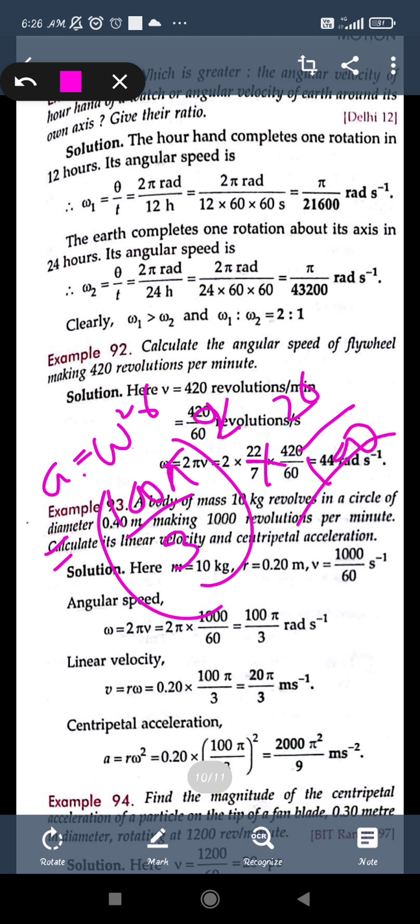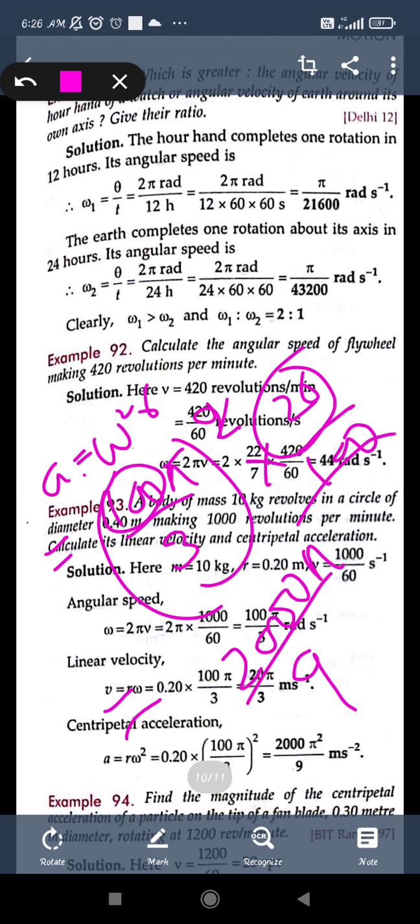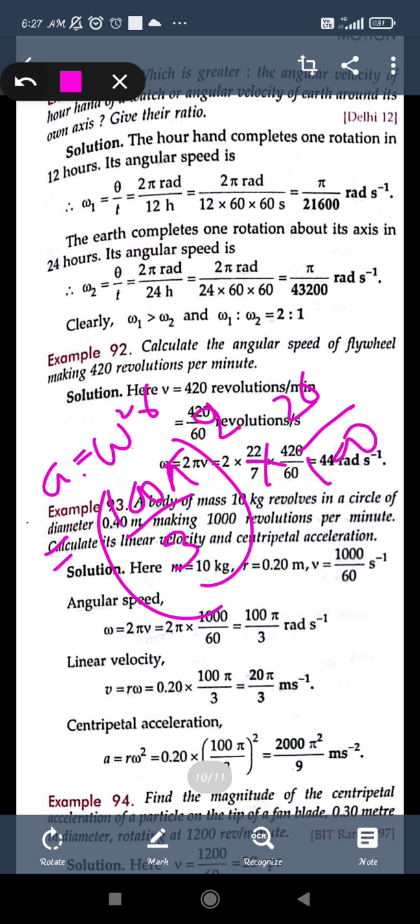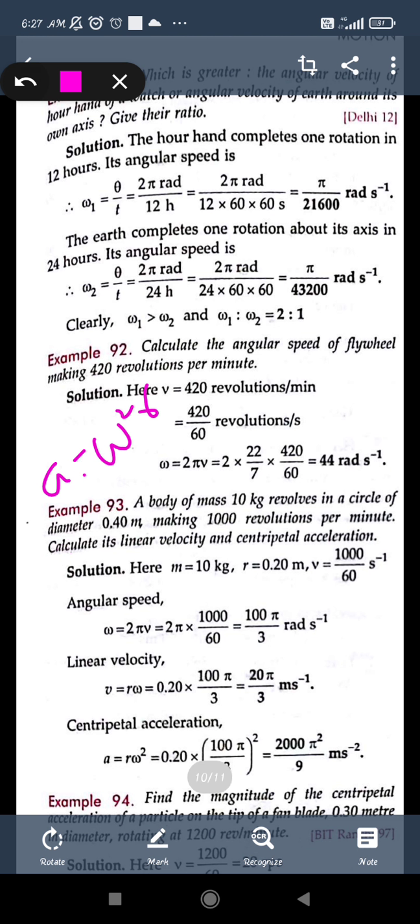So 100 and 100 will be cancelled, so it is given as 20 into 100, that is 2000, upon 3 square, which is 9, and pi square remains pi square. So the value of centripetal acceleration can be given as 2000 pi square upon 9 meter per second square, because it is the acceleration.